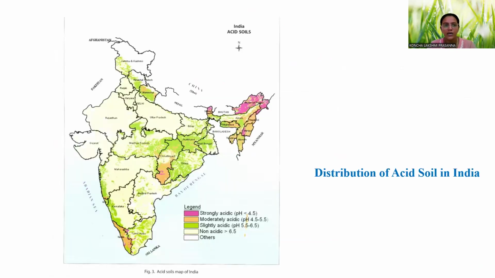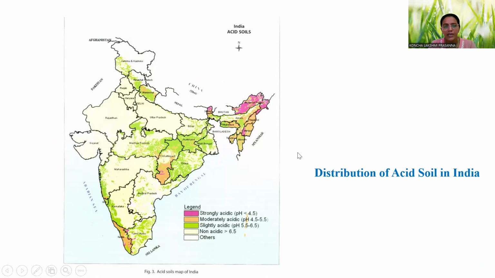So this is the India map describing the distribution of acid soils. There are different ranges of acid soils. Strongly acid soils have a pH range of less than 4.5. Moderately acid soils have a pH of 4.5 to 5.5, present near Chhattisgarh, Nagaland and Meghalaya.